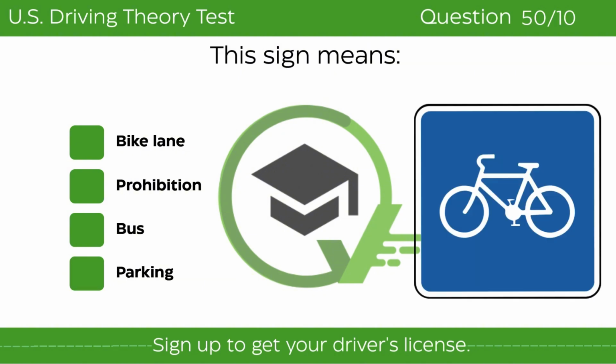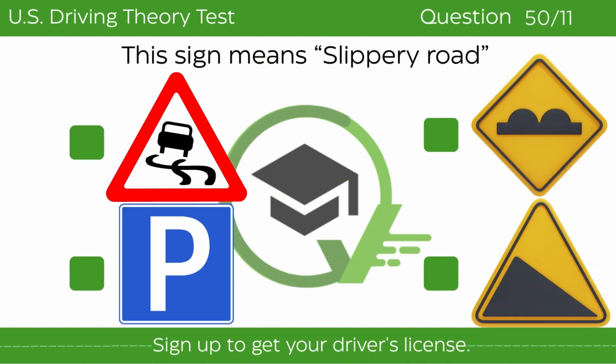This sign means A. Bike lane. Question 11. This sign means slippery road. A.